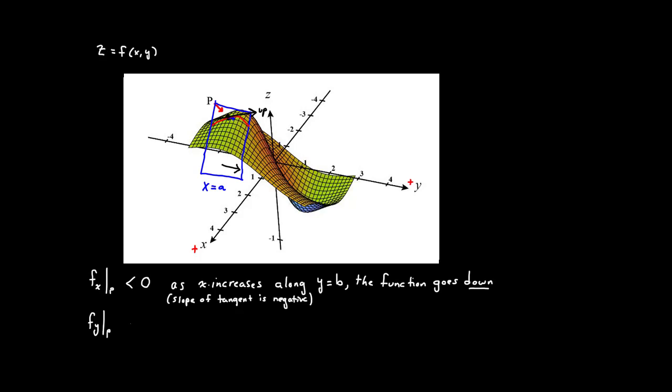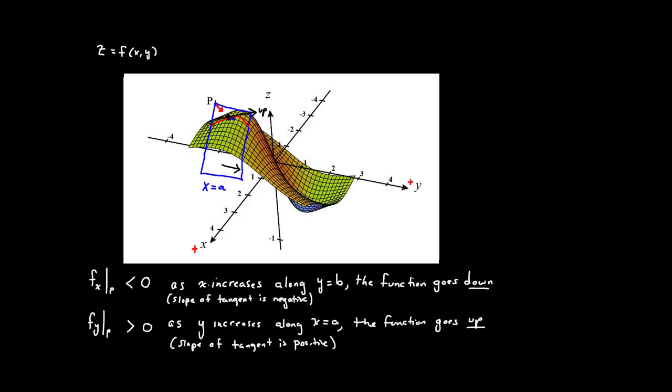And so we will say this partial derivative with respect to y at point P is positive. And then to put it in words: as y increases along x equals a, the function goes up. So the slope of the tangent is positive.